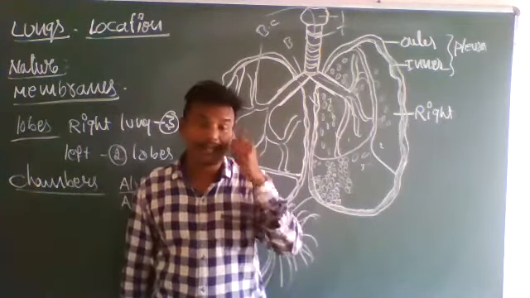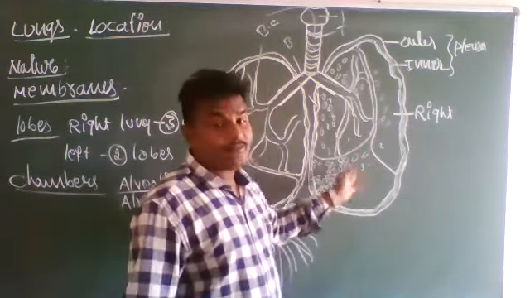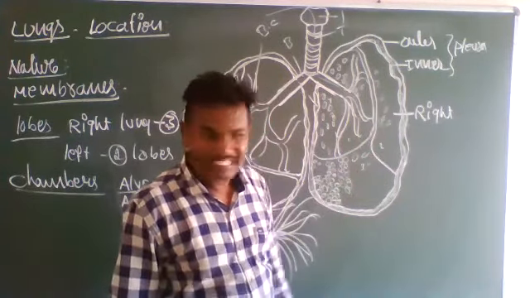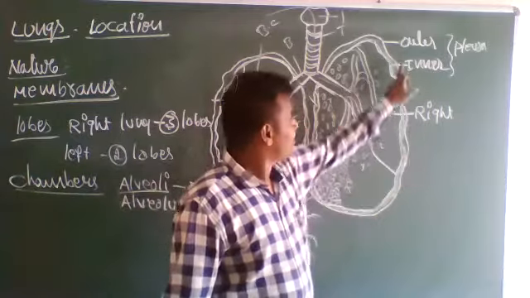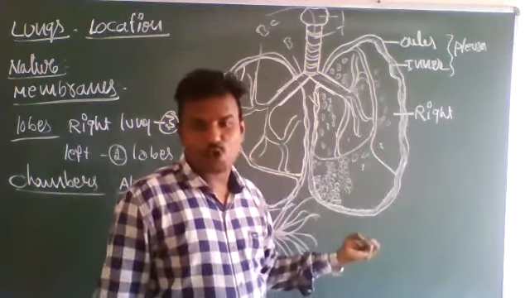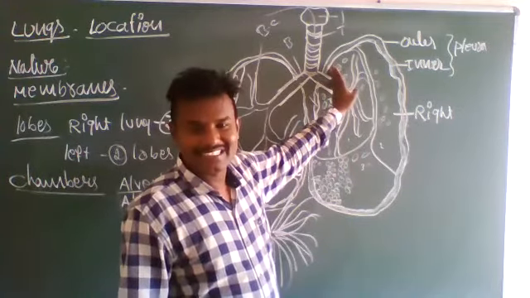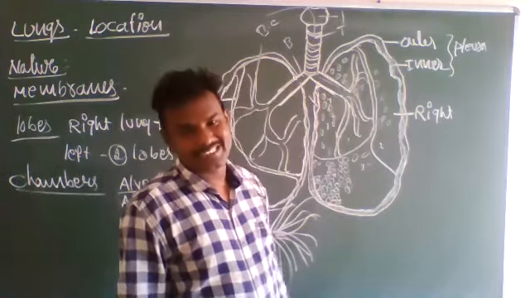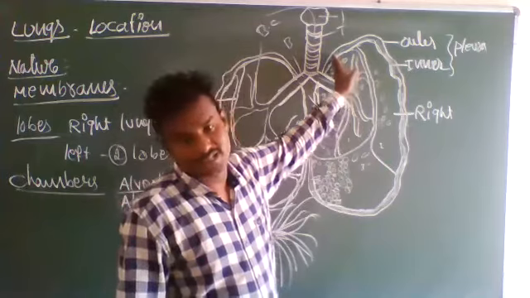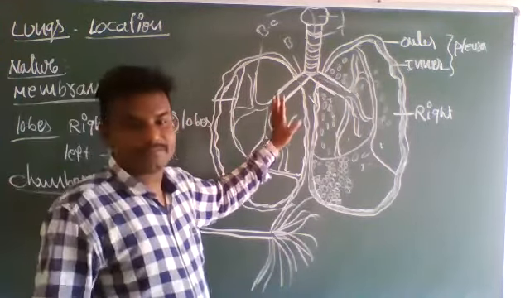When the deoxygenated blood becomes oxygenated, immediately the pulmonary vein collects oxygenated blood from all the alveoli and transports it to the heart. So that is the explanation.